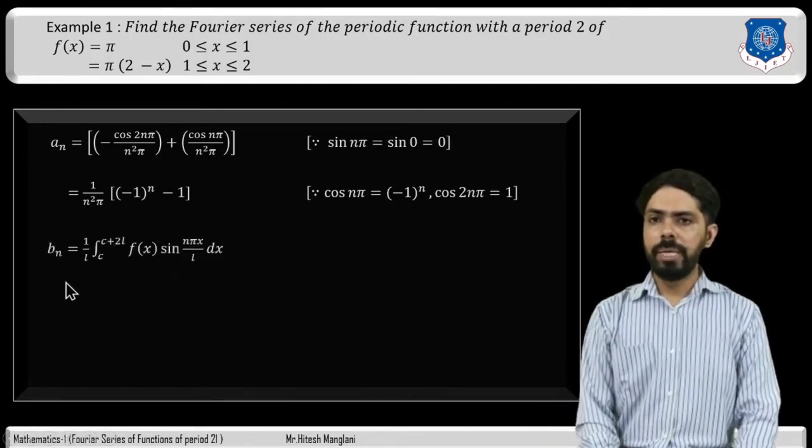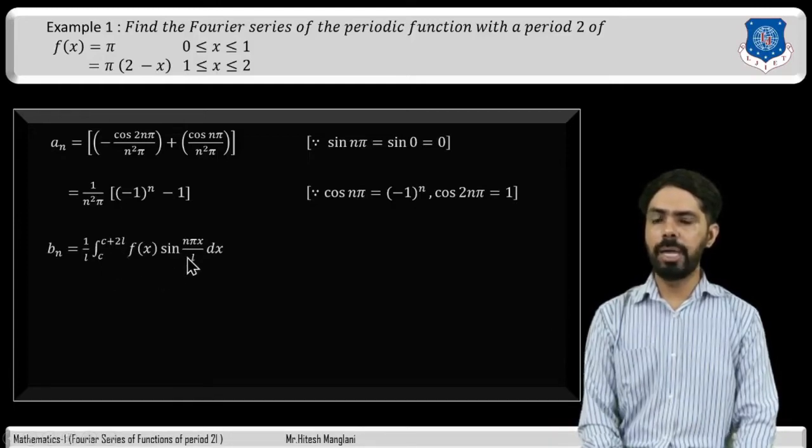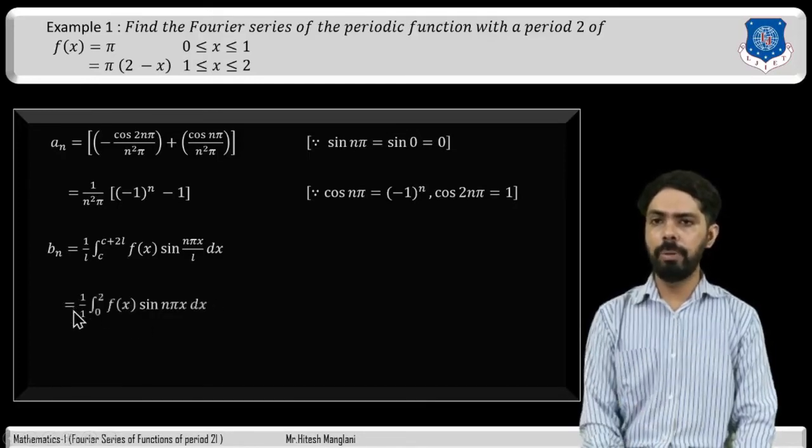Now we will find out b_n, which is given by 1 divided by L, integration from c to c plus 2L, f of x into sin n pi x divided by L dx. Now here in this example the value of L is 1, so it will be 1 divided by 1, integration 0 to 2, because here the interval is from 0 to 2, f of x sin n pi x dx.